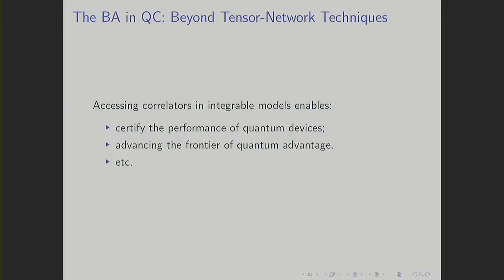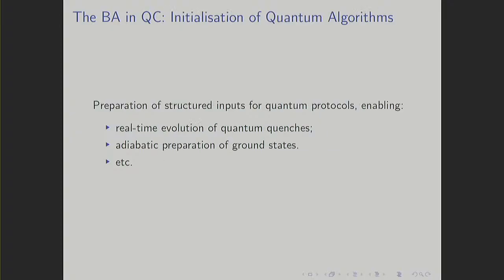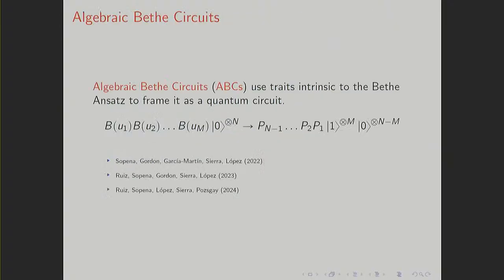And another sort of application: if one had prepared these Bethe states in a classical device, one could later run real-time evolution algorithms that normally cannot be simulated with tensor networks, or one could address the adiabatic preparation of ground states for those integrable models that are connected to other non-integrable interesting models, etc. This is a bit of motivation for the problem.